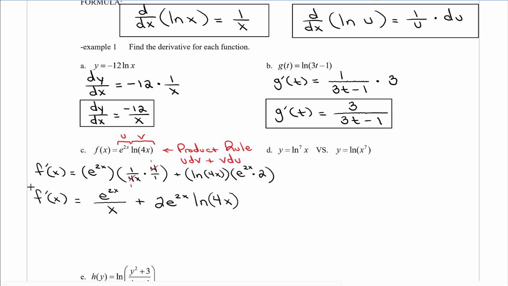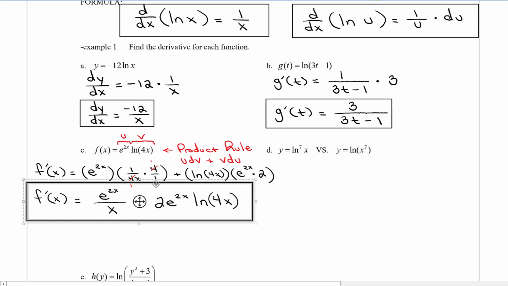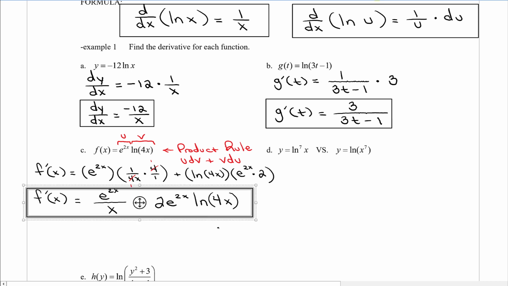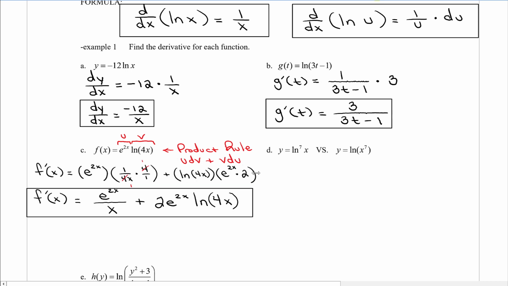So after I box in that answer for example 1c, I'm going to lasso in the work that I did right above the box that I just drew for example 1c, and I'm going to shrink it horizontally just so that I have a little bit more space here for example 1d.